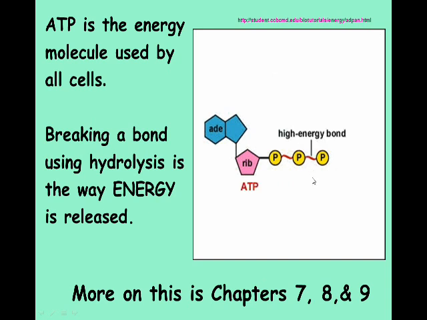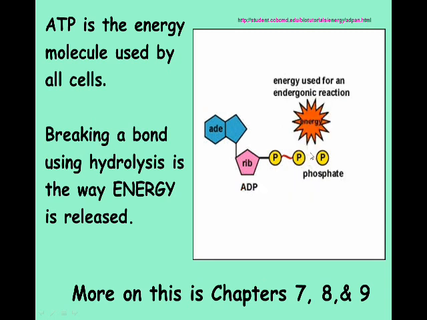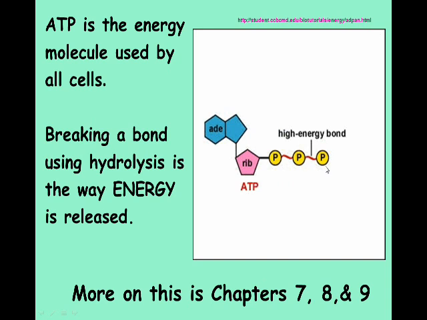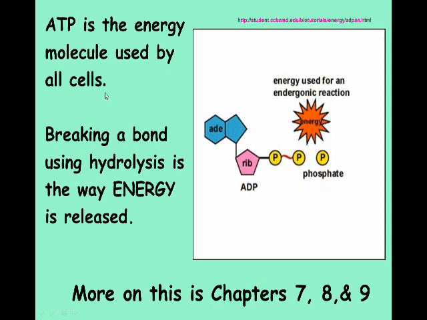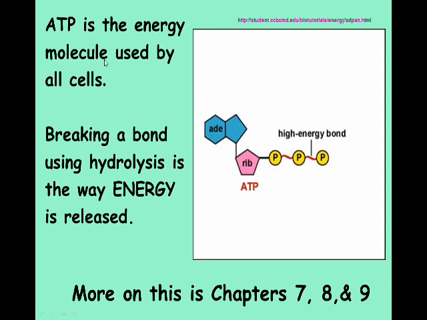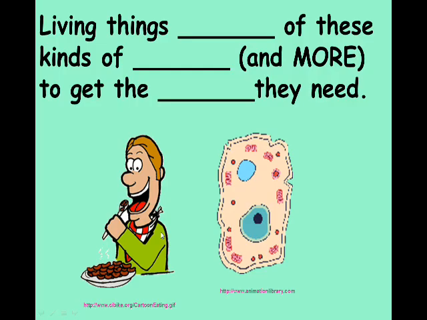It's kind of like charging up your cell phone battery. We add the P to store the energy, and then I can break the P off again when I want to release the energy and use it to do something in my cell. Breaking a bond using hydrolysis is the way that energy is released from ATP. That's our energy molecule, and all cells use that energy molecule. We're going to talk more about ATP in some other chapters.